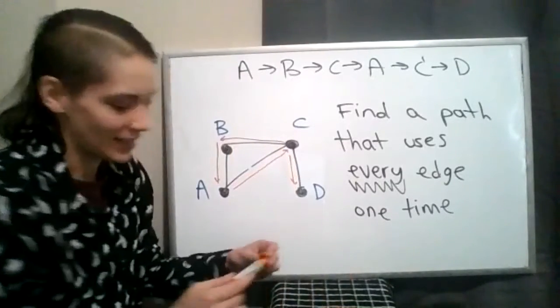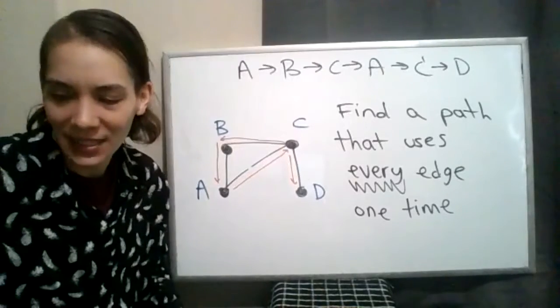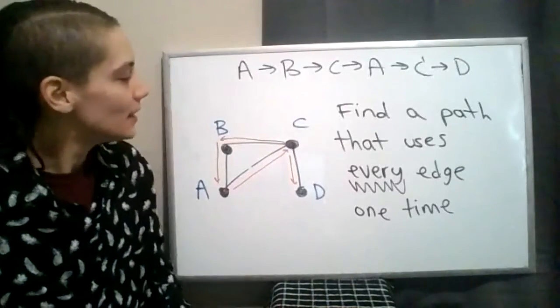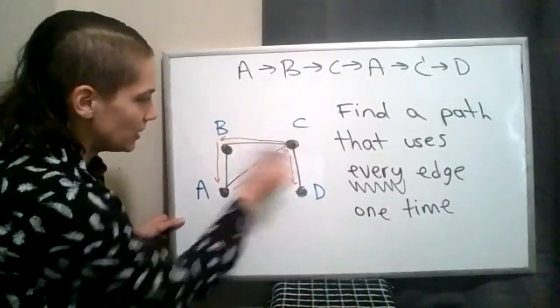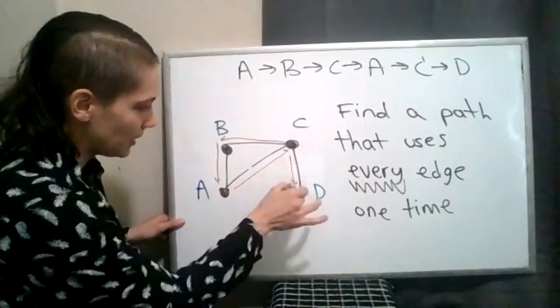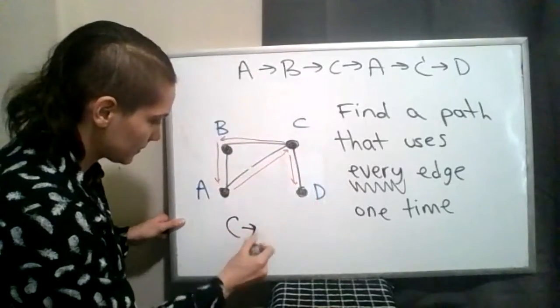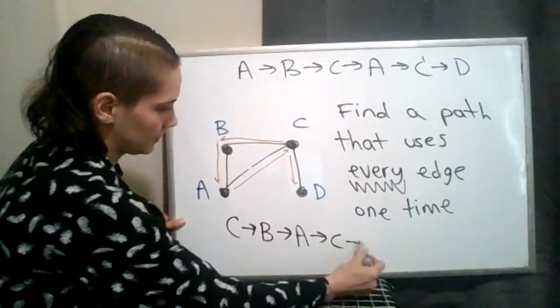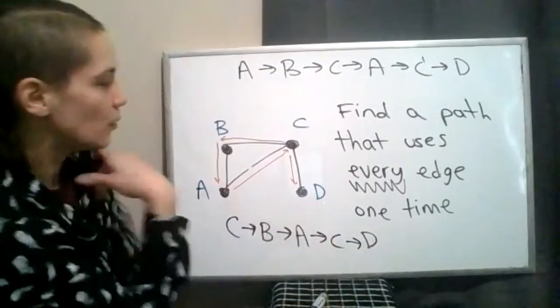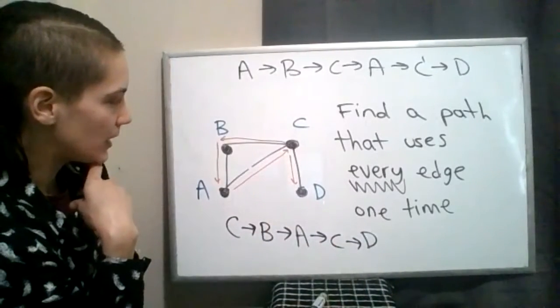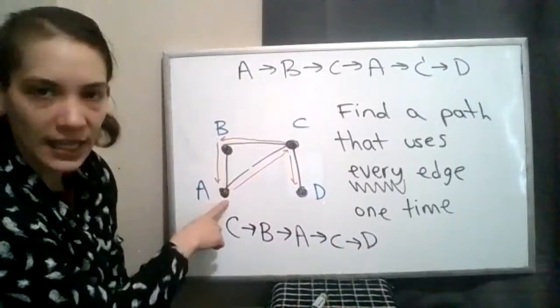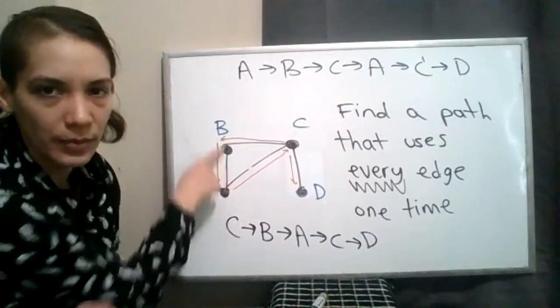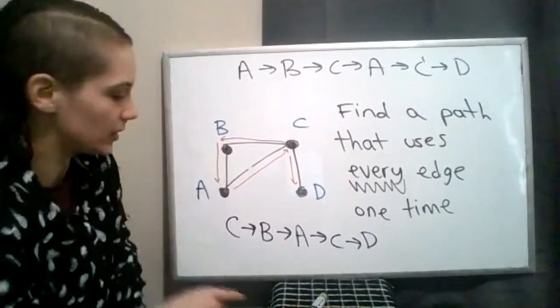Let's write it down, and then let's try another vertex and see what happens there. So if I go from C to B to A to C, and down to D. Okay, I guess one that might not work would be something like starting at A or B, either one of those.